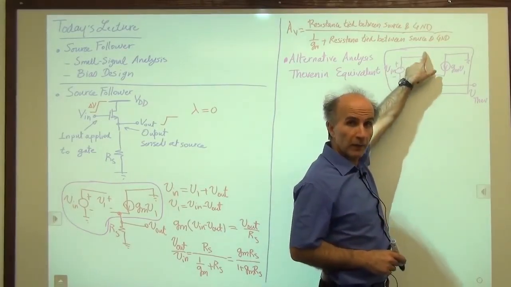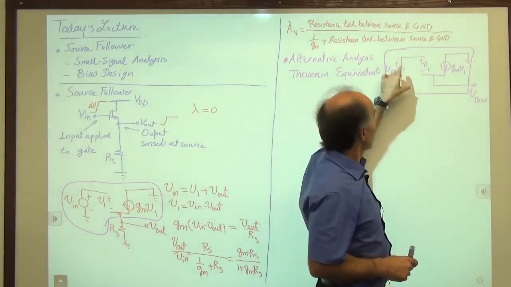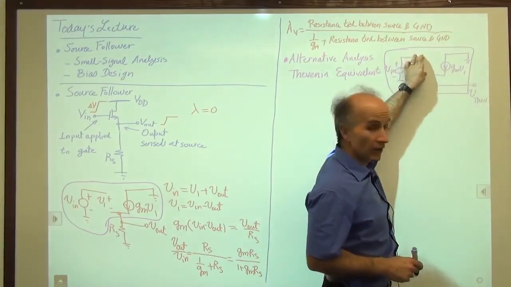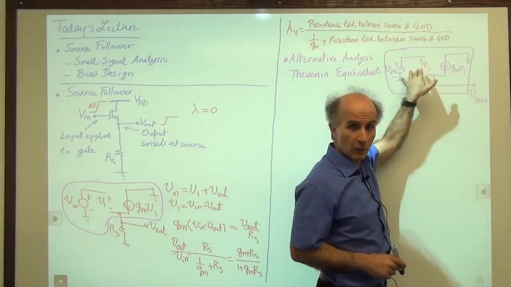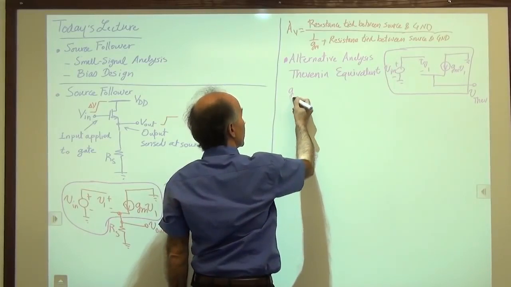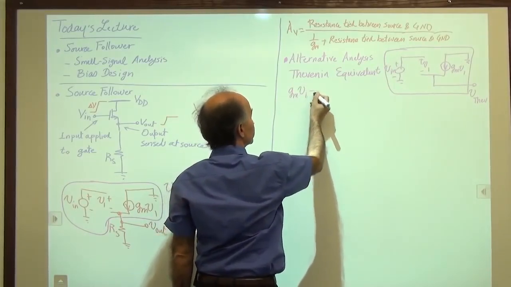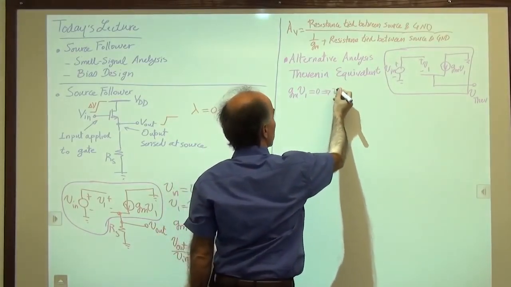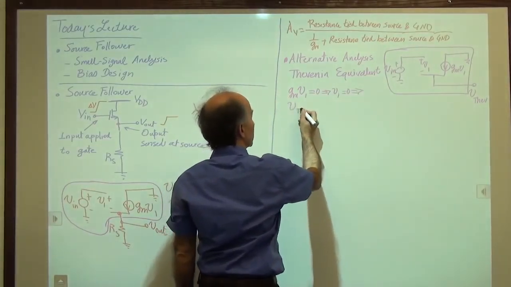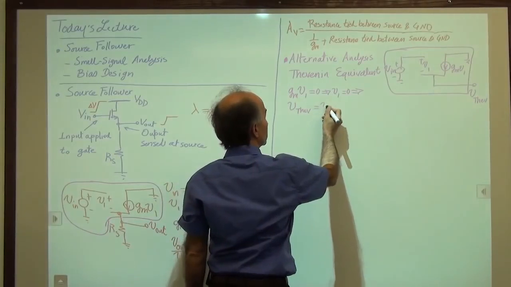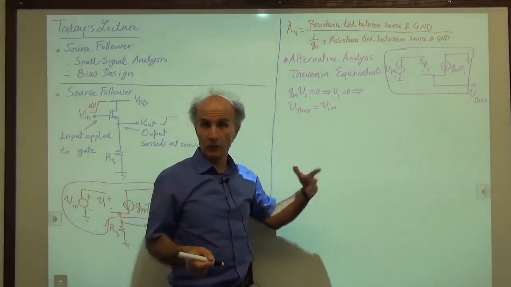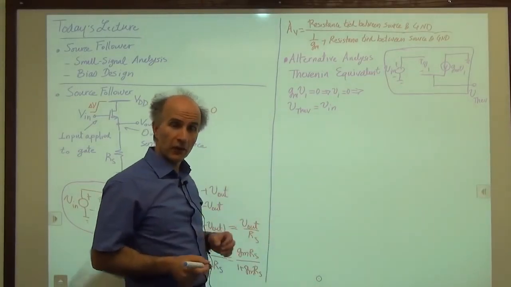They are equal, because if you write the KVL, you see this voltage is equal to this voltage plus this voltage. V1 is 0, so V Thevenin is equal to Vn. So we'll write this for now. We say that gm V1 has to be 0, which means V1 has to be 0, which means V Thevenin has to be equal to Vn. So that's nice and quick, right? We don't really need to write much algebra.